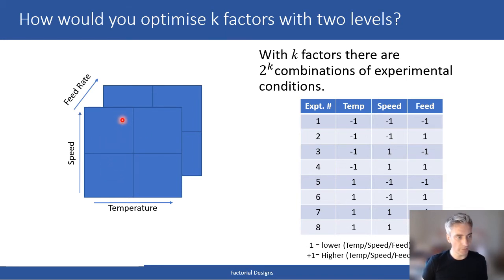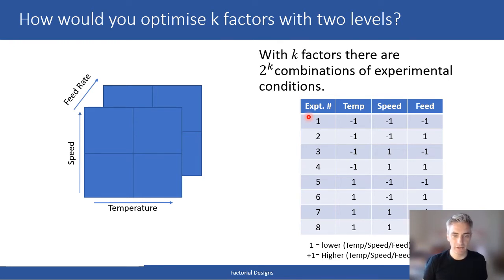We might have also imagined a third factor, which could be the feed rate. That's the rate that you push the filament through the printer nozzle. Then we would have two levels for each factor, with the four combinations of speed and temperature at one feed rate, and another four at a second feed rate. So we'd have in total 8 different experiments that we would need to measure the roughness at.